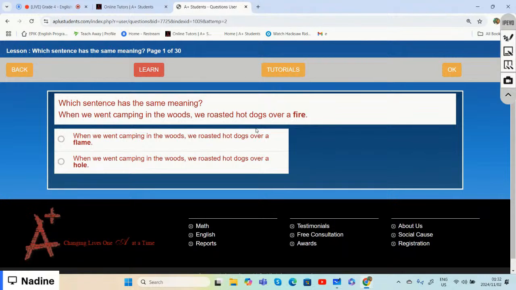All right. So, which sentence has the same meaning? It says, when we went camping in the woods, we roasted hot dogs over a fire. So, the word fire, we need to find the word that is the same as fire. Is it option one, when we went camping in the woods, we roasted hot dogs over a flame, or option two, over a hole? Which one is correct?